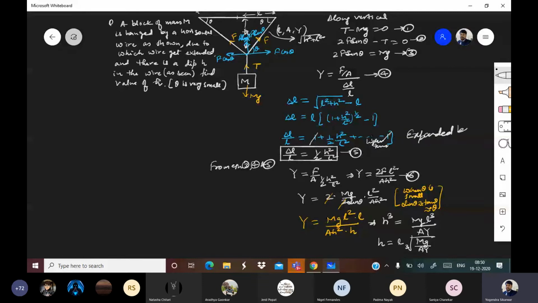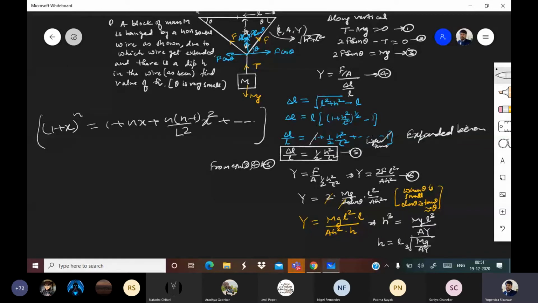Binomial expansion says if you have (1 plus x) to the power n, where x is very small, it is 1 plus nx plus n(n minus 1) upon factorial 2 x square plus and so on. Now, if x is very small, then x square will be very small, so it will become negligible. So that's what we did.